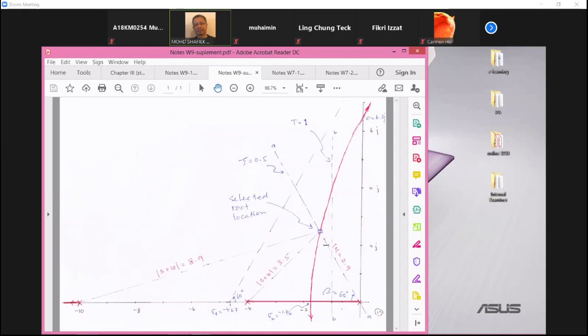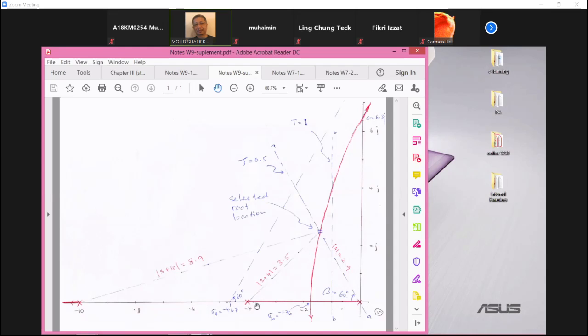Now s plus 4 is the same. This is the magnitude of s plus 4. This is just the magnitude of a vector. You can imagine the 4 plus s. This is negative 4. If it is a positive 4, you go to the right, 4 plus s.